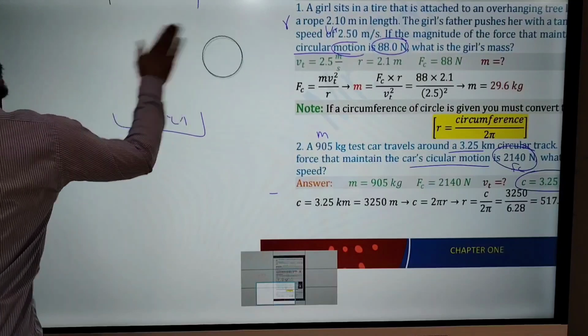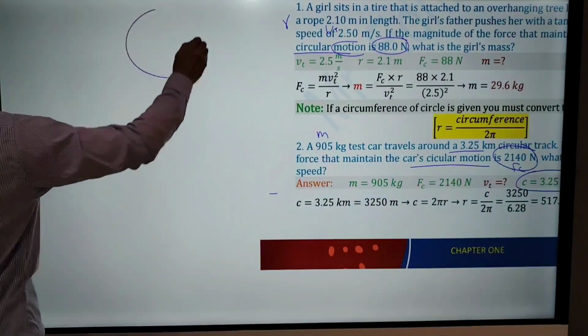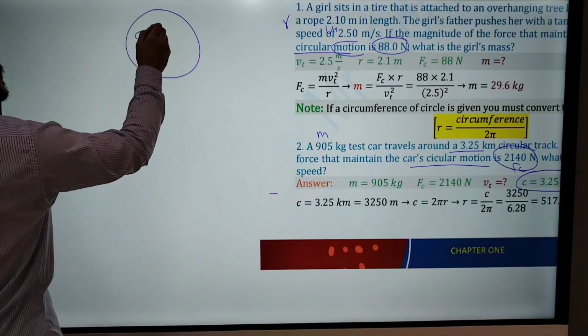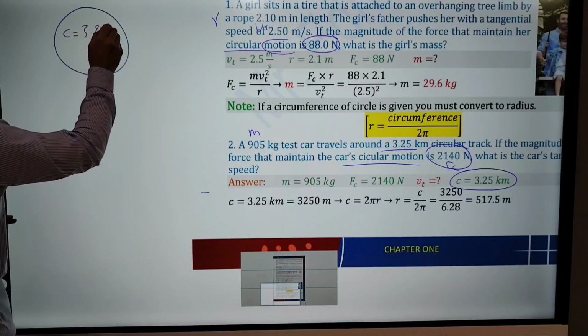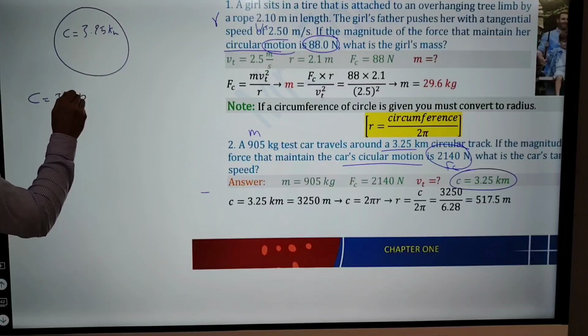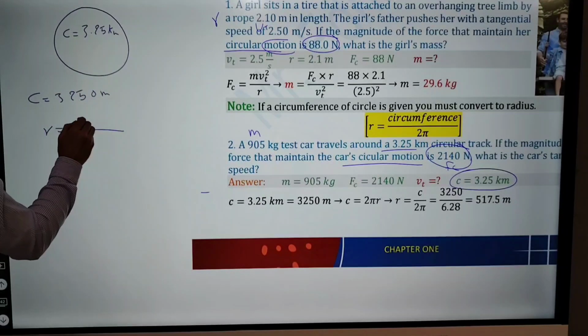In this question, the circular track is given in kilometers, okay? 3.25 kilometers. You have to convert to meters: 3,250 meters. R is equal to what?